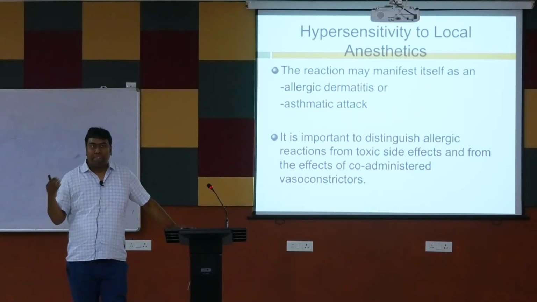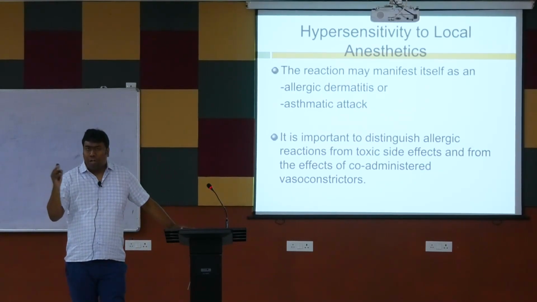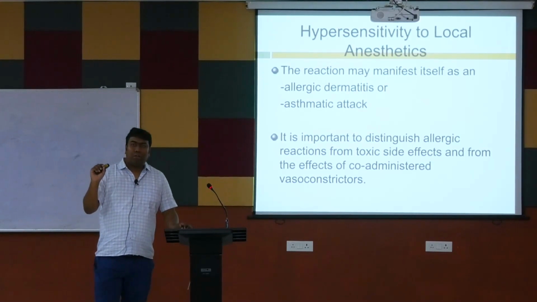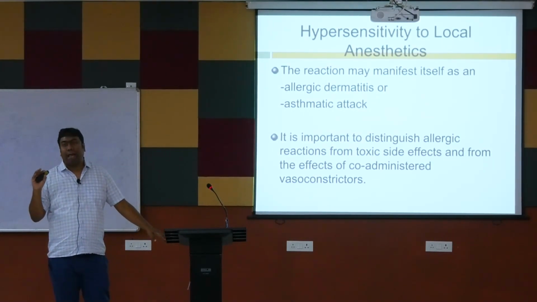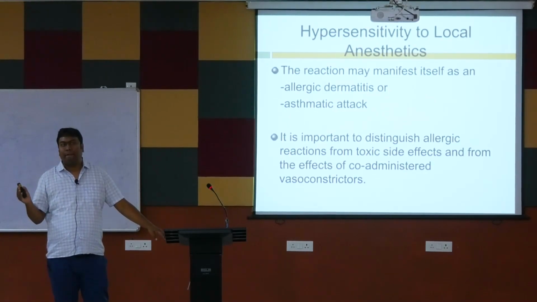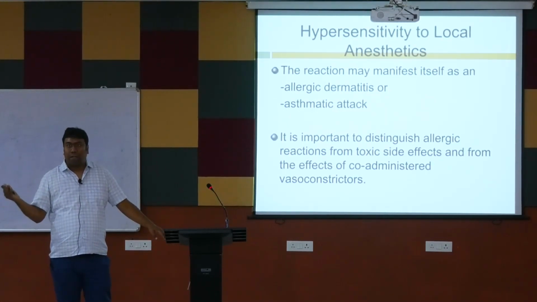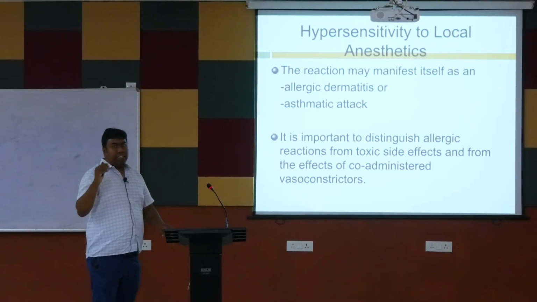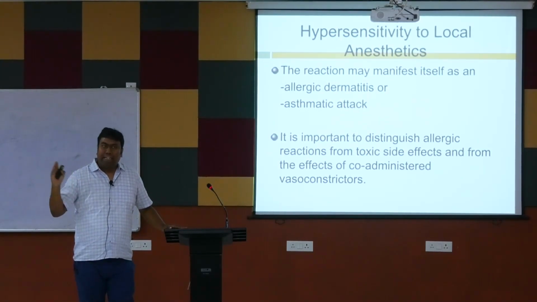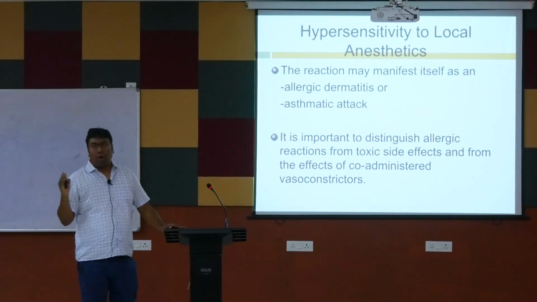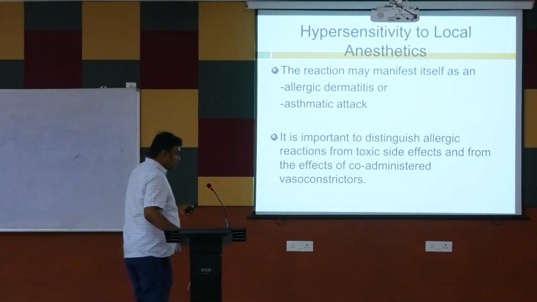B is bizarre. Bizarre means not depending upon the dose. The allergic one is the bizarre one, and toxicity is augmented, that means it increases with increasing dose. That is the augmented type of ADR.